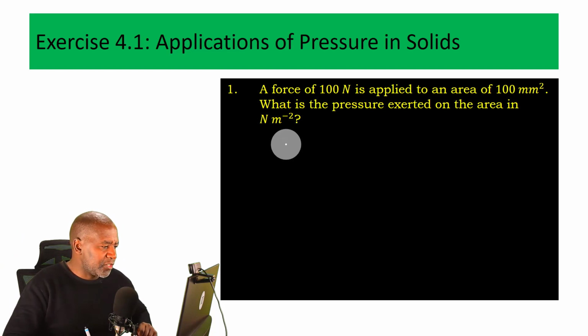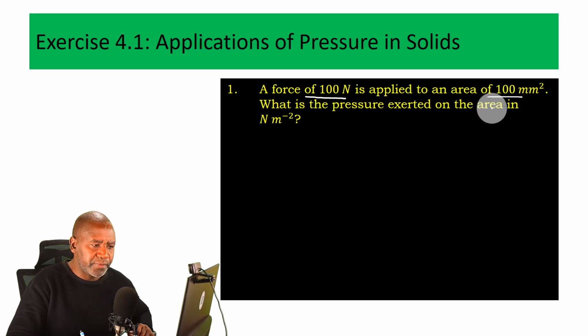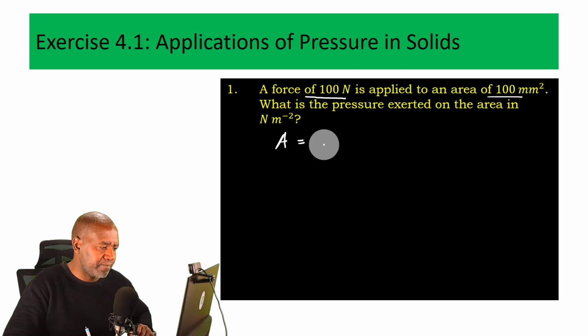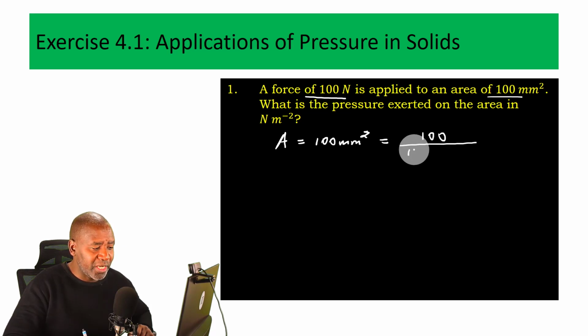Obviously the force is in newtons. That one is not a problem. But the area is in millimeters squared, so we must convert that into meters squared. So this 100 millimeters squared is the same as, we divide this by 1 million, and that has converted it into meters squared.